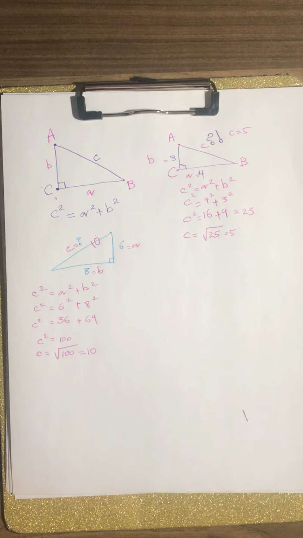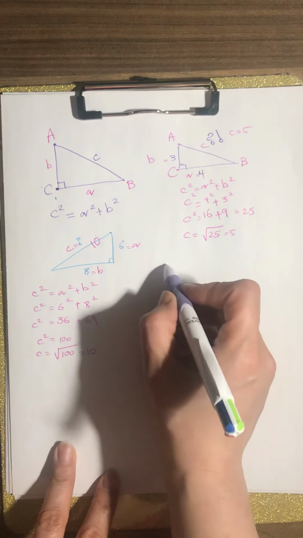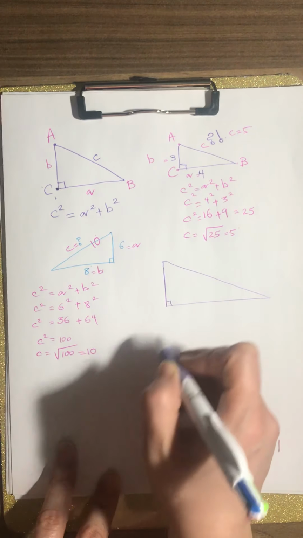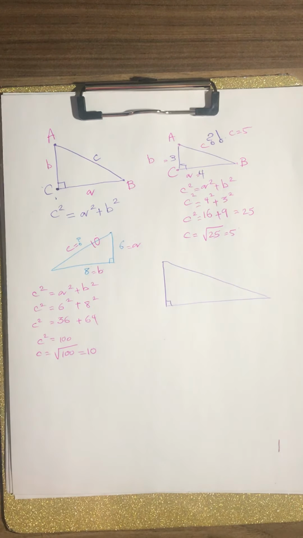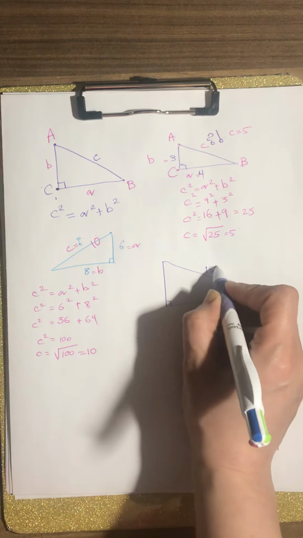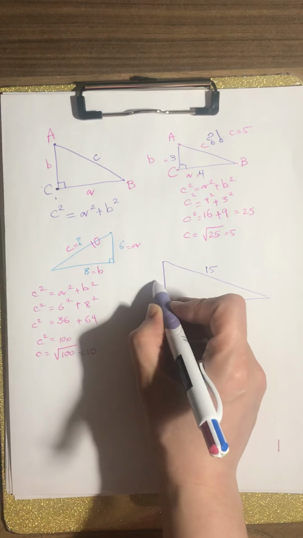Third example. Now I want to change it a little bit. I'm going to draw a right angle triangle, and over here I'm going to tell you that I have a 15 here and a 9 here.